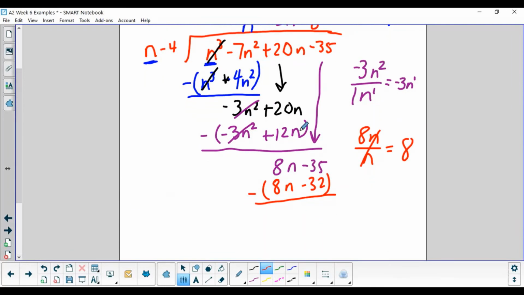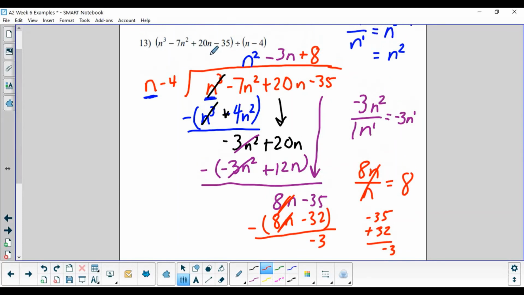Next, my 8n minus 8n, those cancel out. That's good. That's what we were hoping for. And negative 35 minus negative 32. Remember, a double negative becomes positive. So this is like saying negative 35 plus 32. That's just negative 3. So this negative 3 is my remainder. So we like to show the remainder as minus 3 over n minus 4.